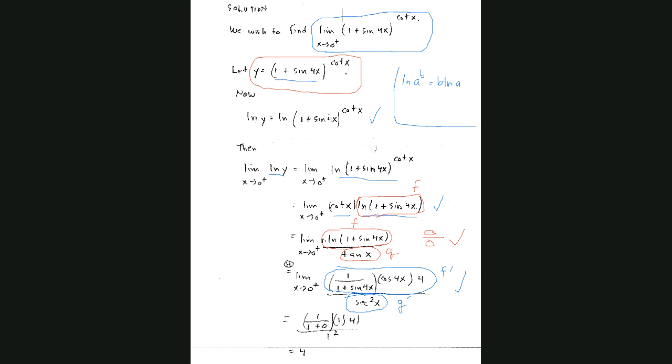And the answer is yes, we can. We can just put in 0 for x everywhere. And we'll see as x approaches 0, the limit is going to be 1 over 1 plus 0 to 1 times 4, all divided by 1 squared. And so we get 4.